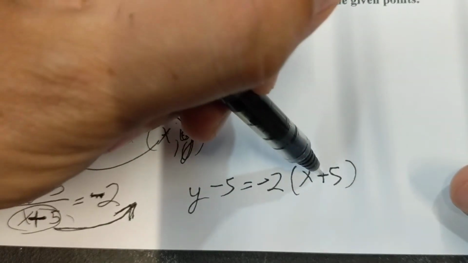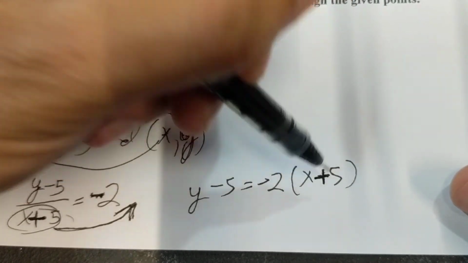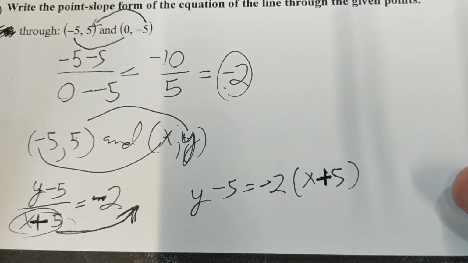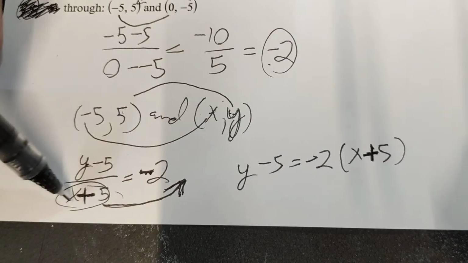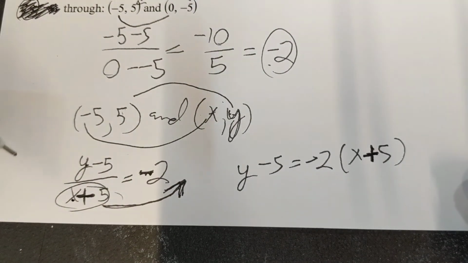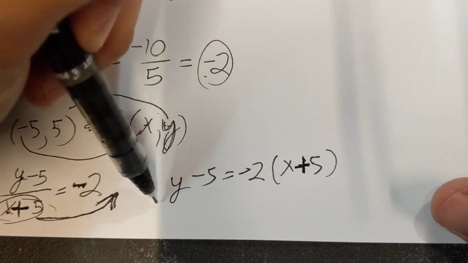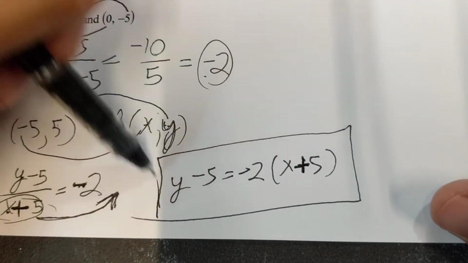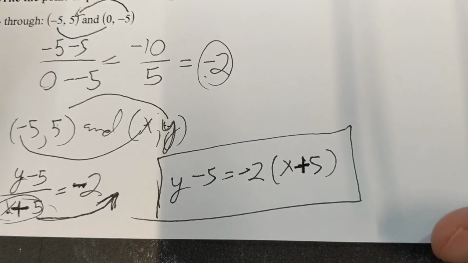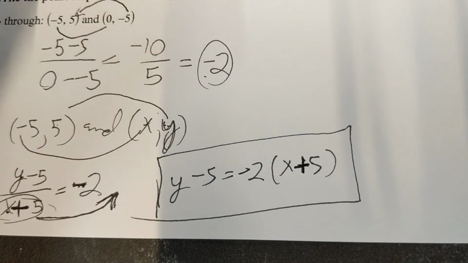Because when you have fractions, you can have something going undefined, and that puts a hole in the line. Because if I put a negative 5 in for x, negative 5 plus 5 would be 0 on the bottom, and that's a mess, and that's not an issue if we write it this way. So there is one form of the point-slope version of the line, or however you want to say that.